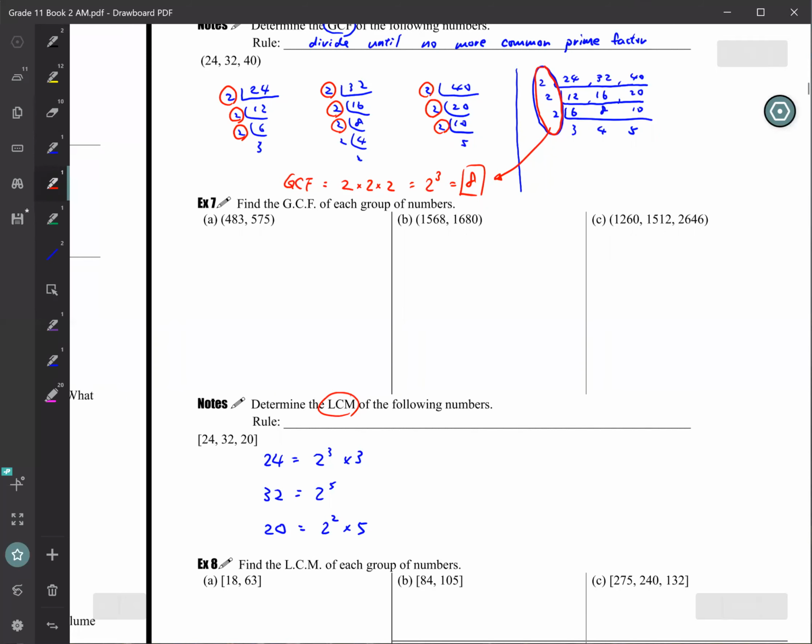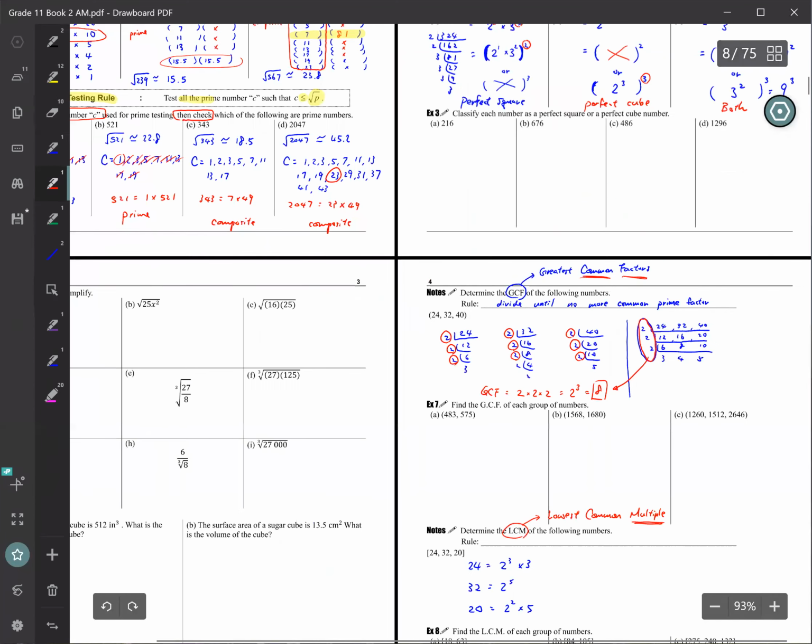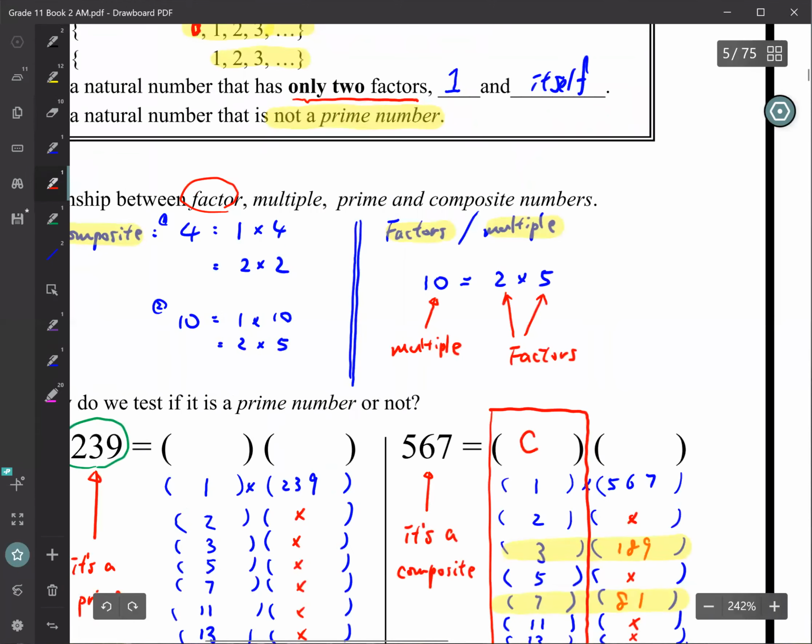Yeah, okay. So LCM, what does LCM stand for, Nathan? Lowest common multiple. So we need to review the word multiple again. We mentioned that at the beginning. We have multiples and factors. This is on page 1.